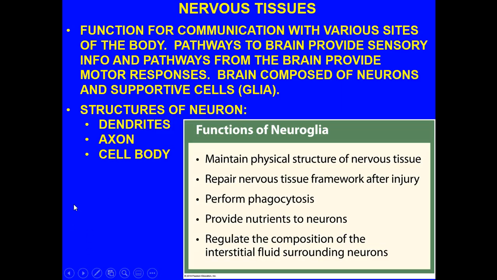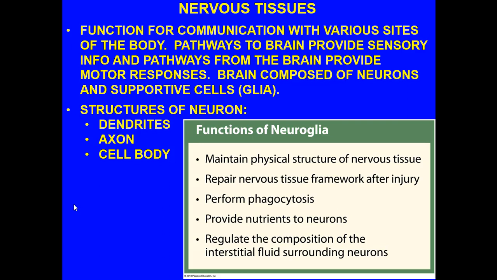Nervous tissue. The function is really for communication with various sites of the body. Pathways to the brain provide sensory information. Pathways from the brain provide motor responses. Now, it's not merely neurons. Otherwise, it would be kind of interesting to call nervous tissue just neurons, but it's not. You also have supportive cells called glia cells.